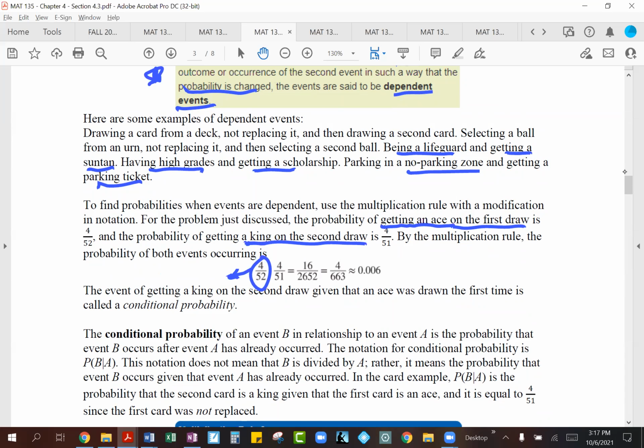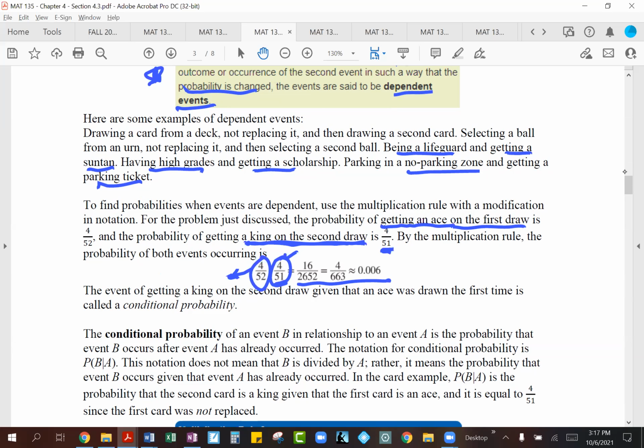So that means when you draw your second card, you only have 51 cards in your deck now, not 52. So you will see that probability for a king, even though you still have 4 kings left in your deck of cards, your total number of cards in the deck is only 51 because you didn't replace that first card. So you will see how this probability changes. So, of course, that means this answer is going to change. So this is what they are talking about as being dependent events and how that changes your probability.